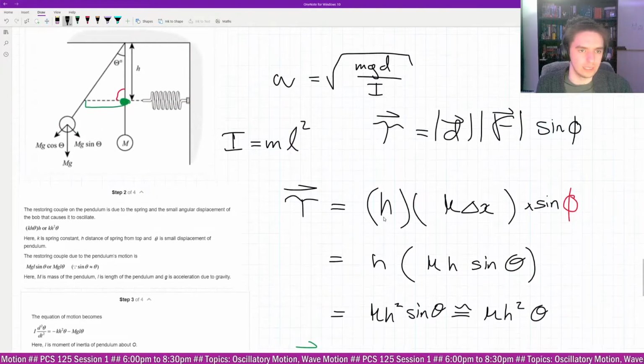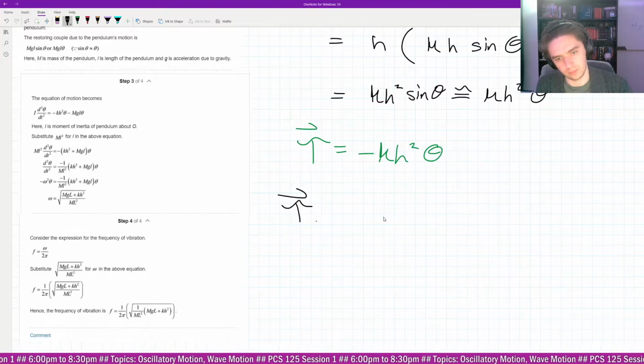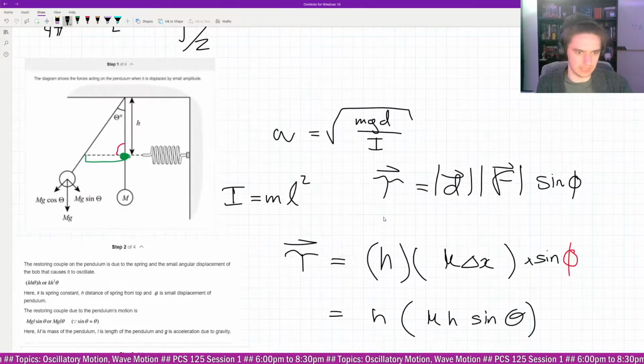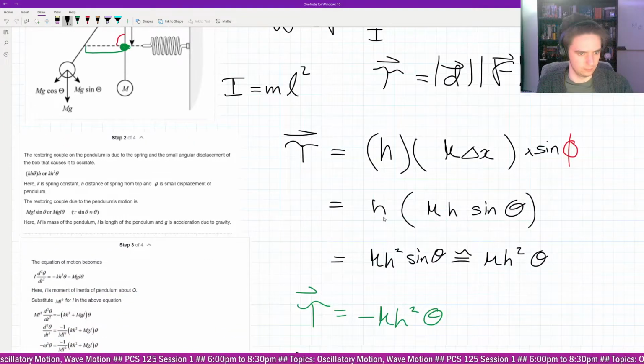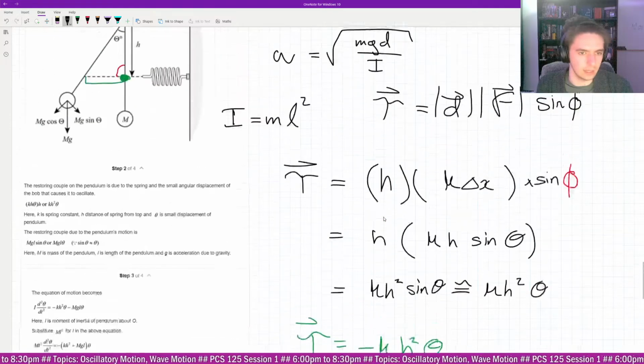Okay, now finally, we also need the torque from gravity. The distance is L. This is an h, by the way, not an L. We need an L here for the length, and now we need the force.